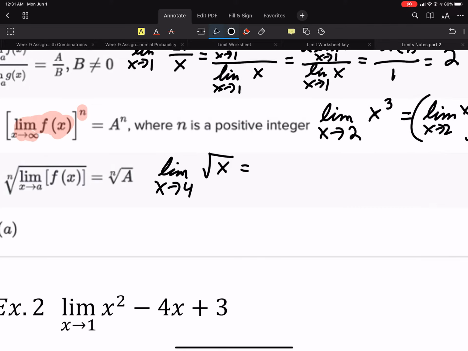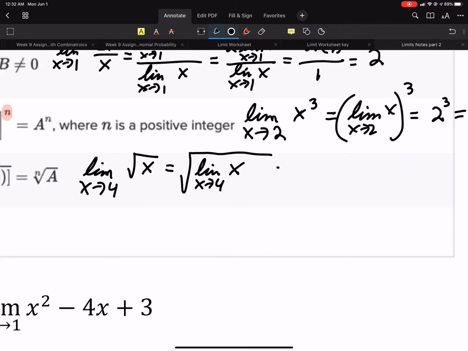What does the rule say? I take the limit of the inside function and then take the root after I take the limit of the inside function. Well, this equals, the limit of the inside function is 4, the square root of 4 is 2.